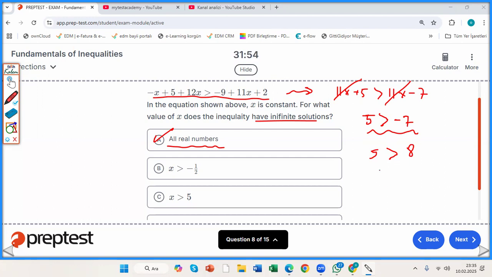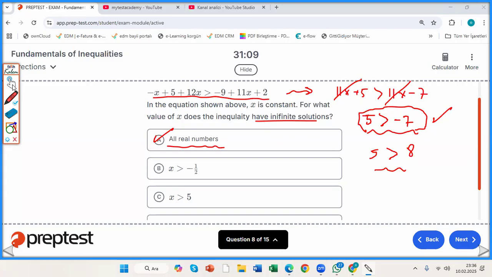There is no real solution, you may say, because even if you use any real number for x variable, sooner or later you are going to find that solution, and it is not true, it is not logical. So you are going to say that no real value. But because we could find the logical calculation here, we can say it is always true. Okay, could you understand the difference?